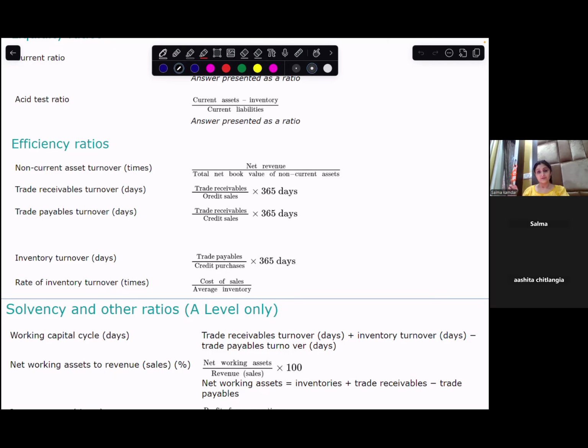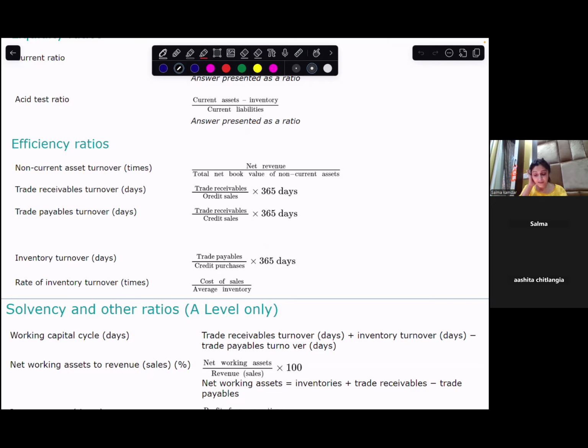So inventory on top, cost of sales down, into 365. If your answer is in days, you follow the straight formula. What is first is in the numerator, what is last is in the denominator. But if your answer is in times, you just turn over your ratio.